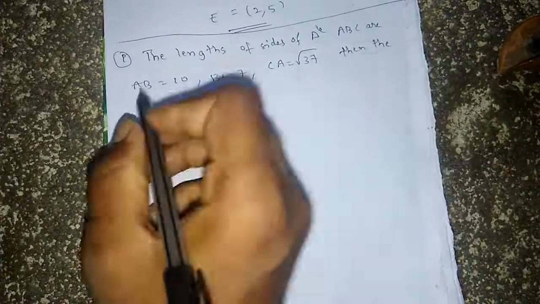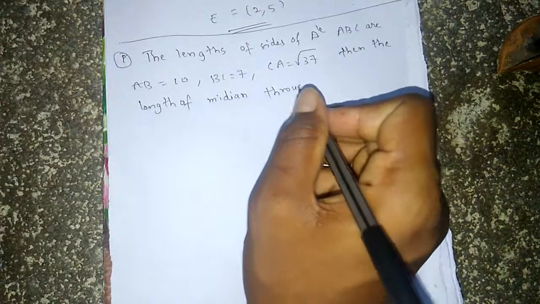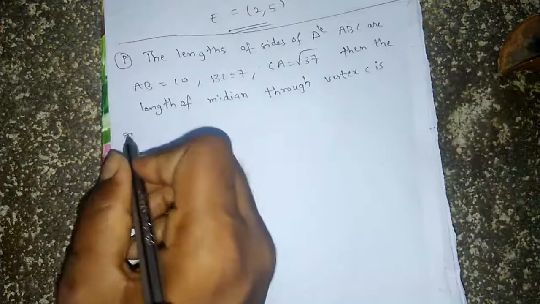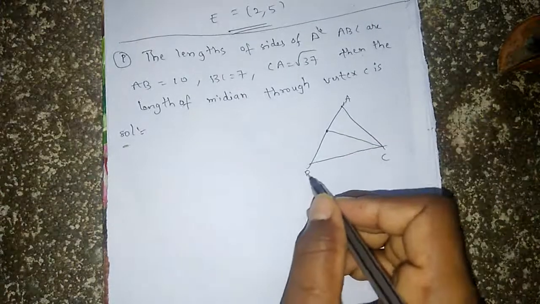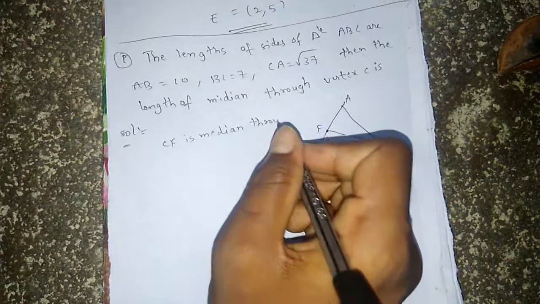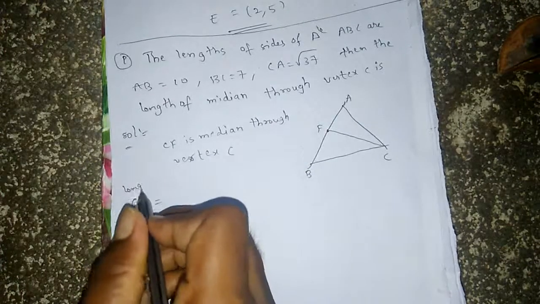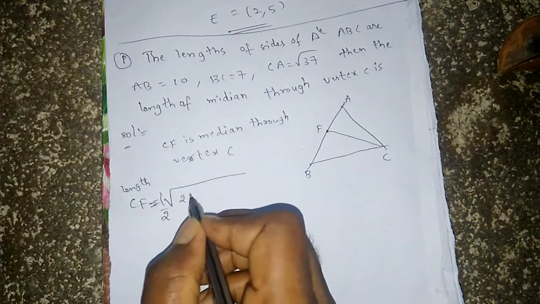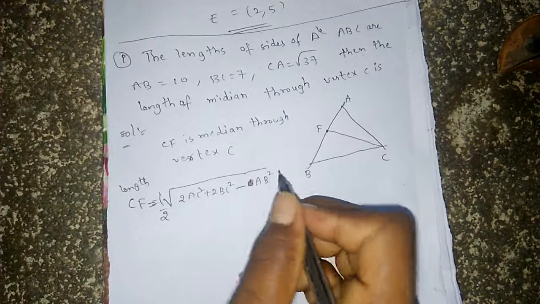Then find the length of the median through vertex C. Let CF be the median through vertex C. Then the length CF is equal to 1/2 of the square root of 2AC square plus 2BC square minus AB square, which is the formula.